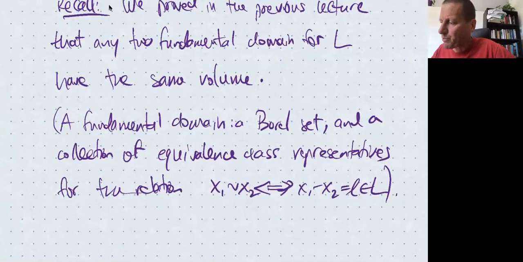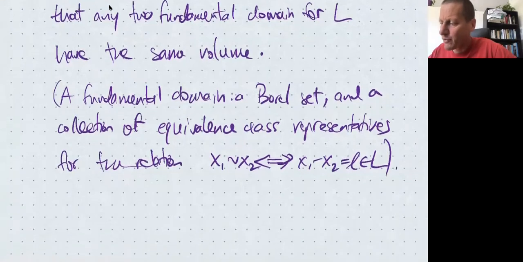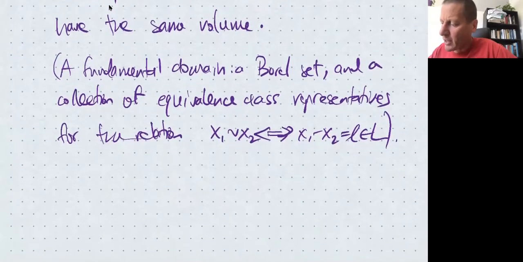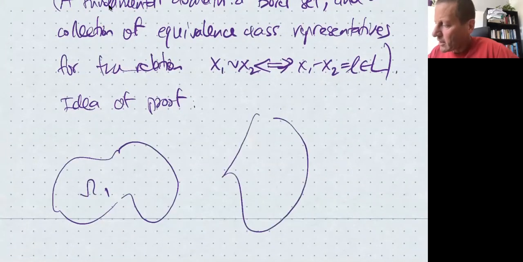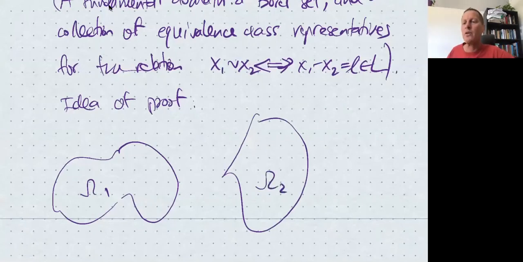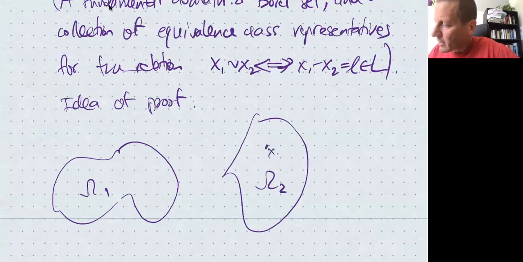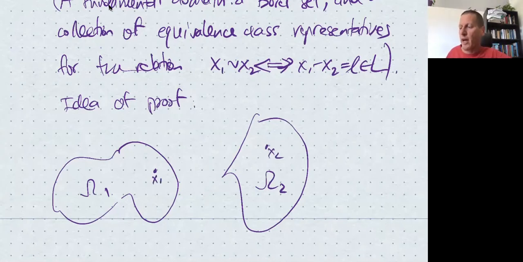And how did we prove this? I'm reminding you of how we proved this result. The idea of the proof: if this is, say, omega 1, and this is, say, omega 2, then for any element x2 in omega 2, there's a corresponding element x1 in the same class.